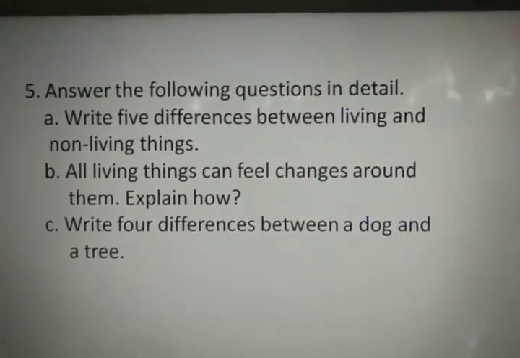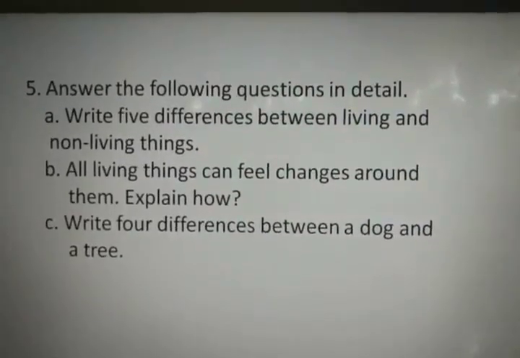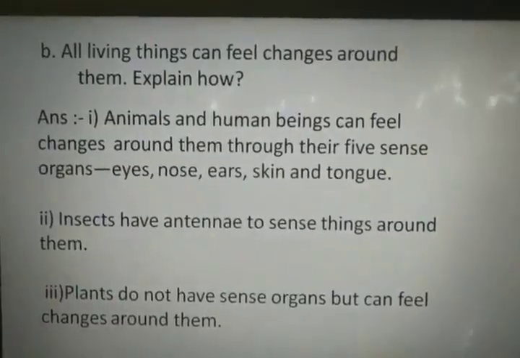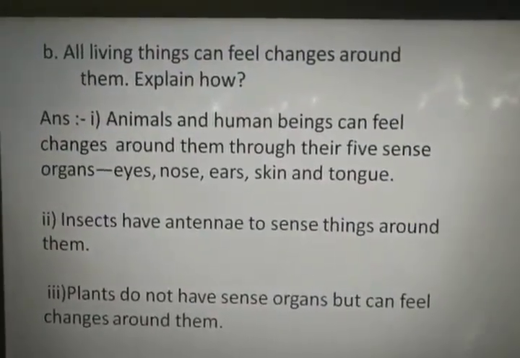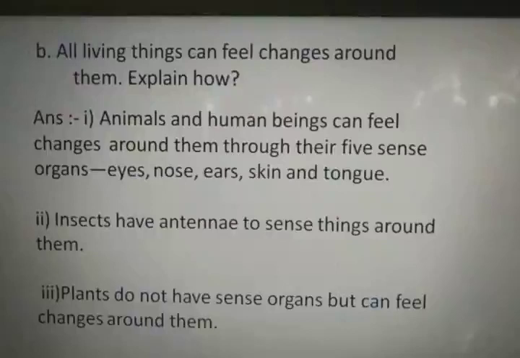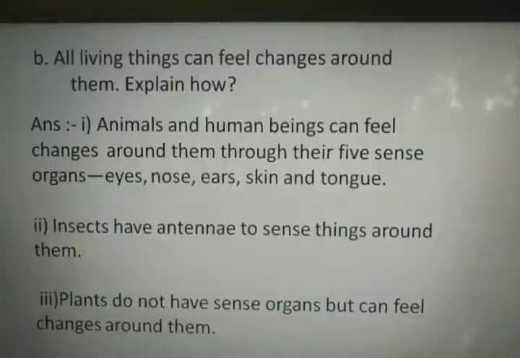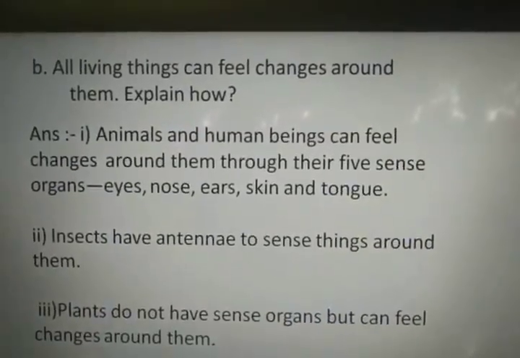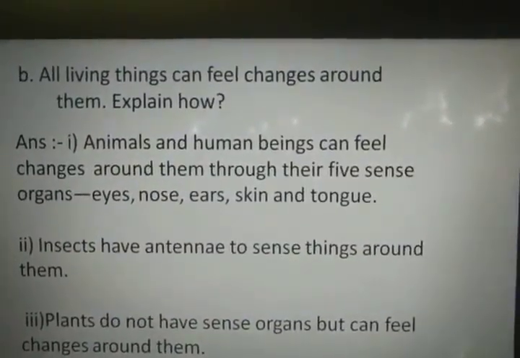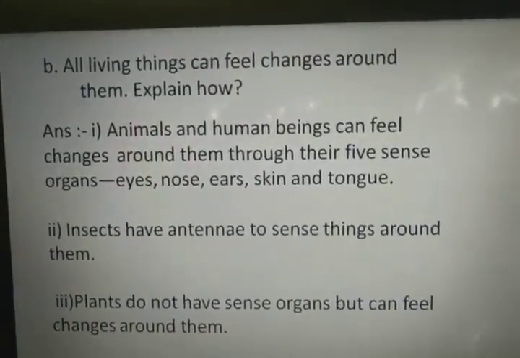So let's club all these points together to write our second answer. Question B, all living things can feel changes around them. Explain how. And the answer is, children, here we are supposed to write point-wise, and after each point you are supposed to leave one line.